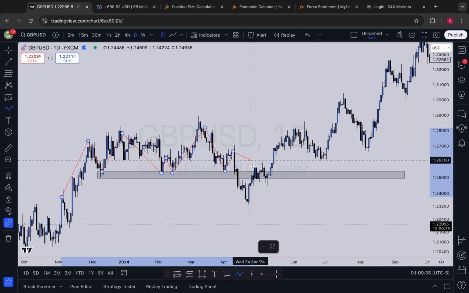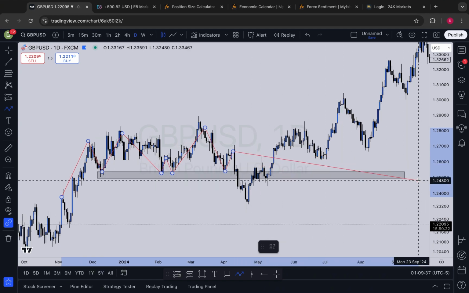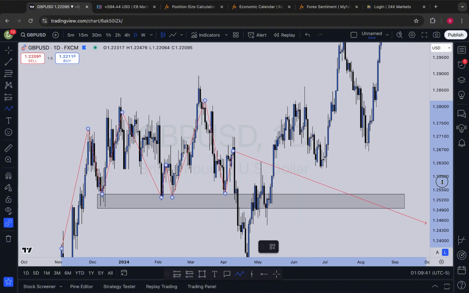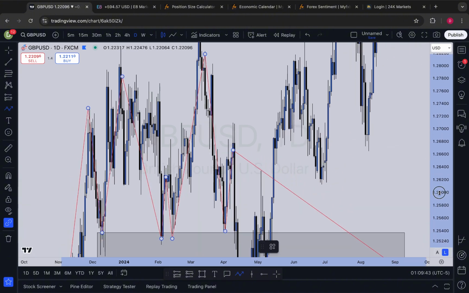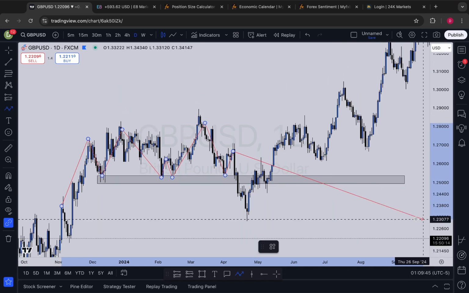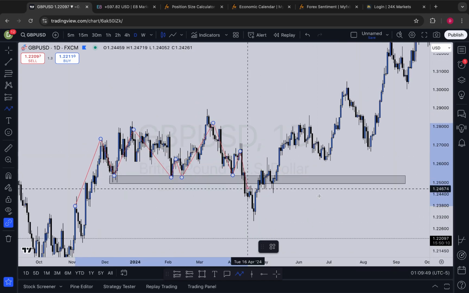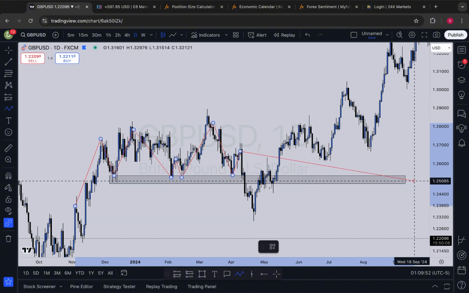It's easier to say we'll take profit at 1.25 versus 1.2520, you know what I mean? Banks have billions of dollars in liquidity floating around this 1.25.